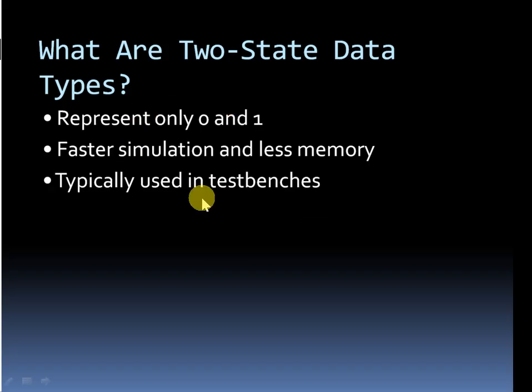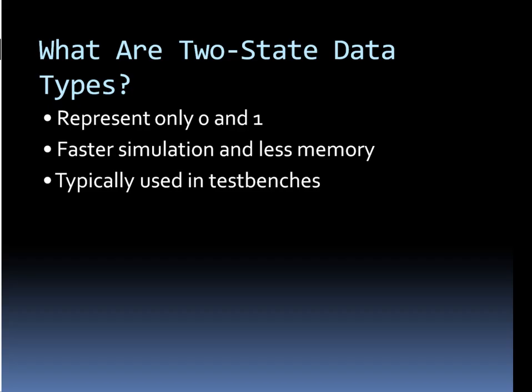These are typically used in testbenches. In design, we use 4-state variables like logic, and in the testbench we use 2-state variables. The default or initial value of a 2-state data type is 0.